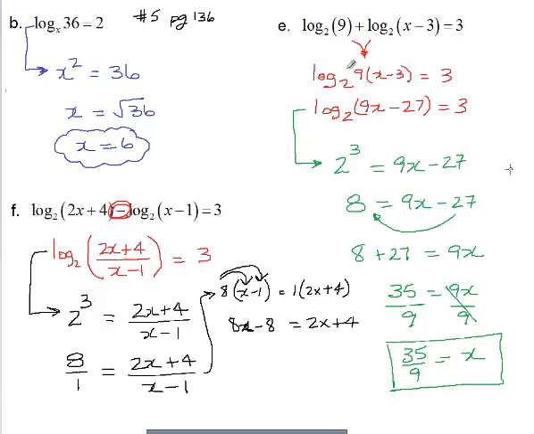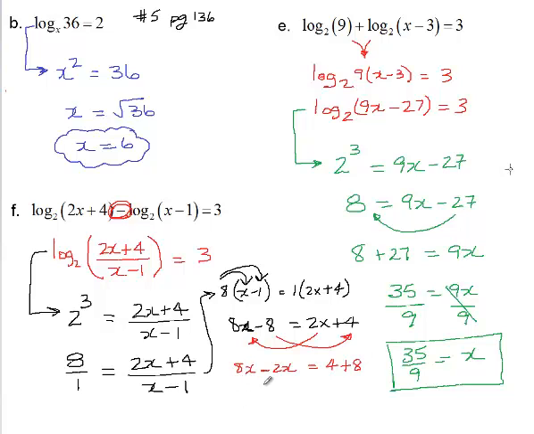Now, I'm going to do a double switch here. I'm going to bring the 2x to this side, which means subtract 2x from both sides. At the same time, I'm going to bring the negative 8 to this side, which means add 8 to both sides. So this will now give me 8x subtract 2x equals 4 plus 8.